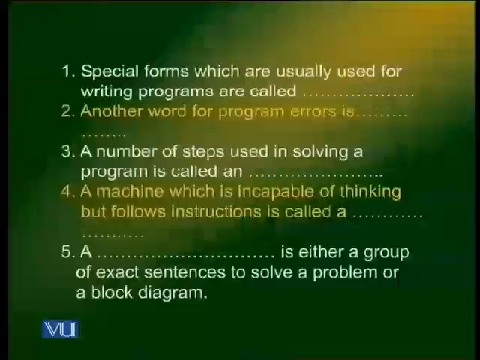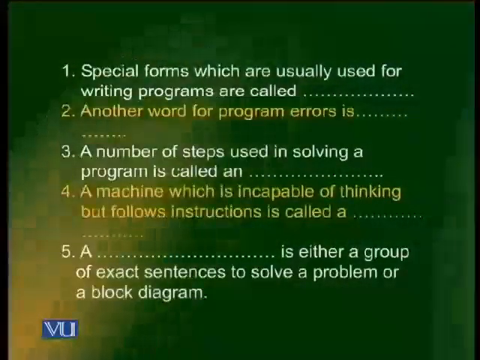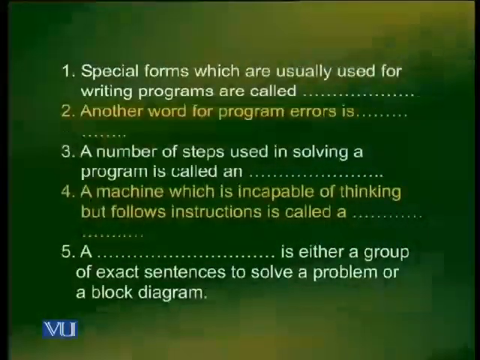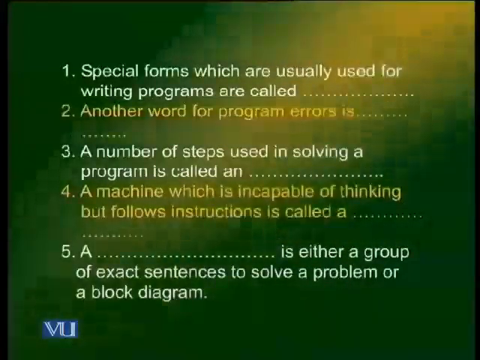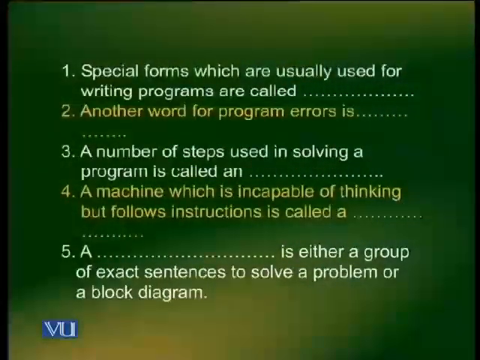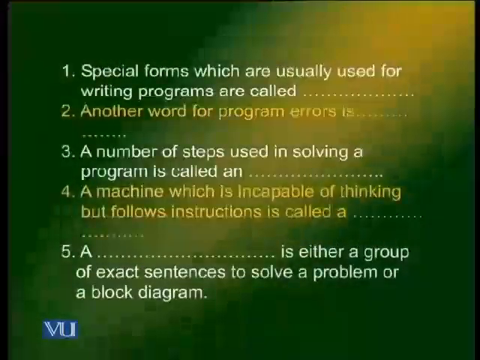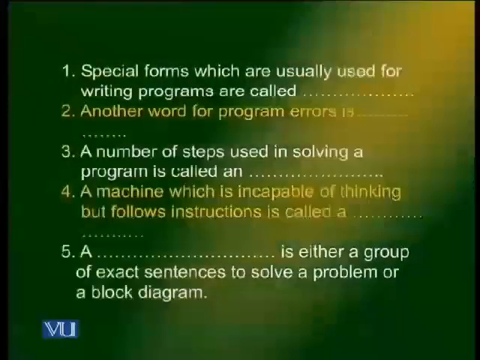Number 1. Special forms which are usually used for writing programs are called coding sheets. Number 2, another word for program errors is bugs. Number 3, a number of steps used in solving a program is called an algorithm.